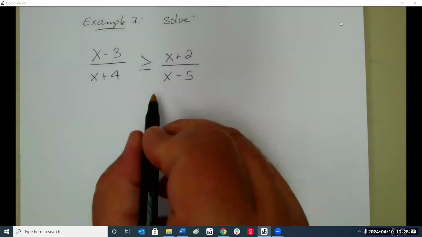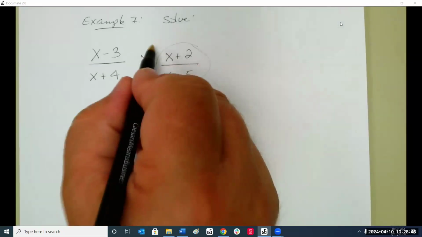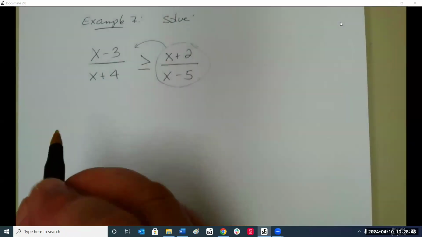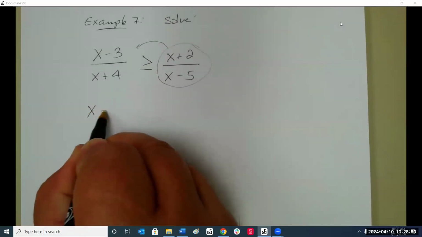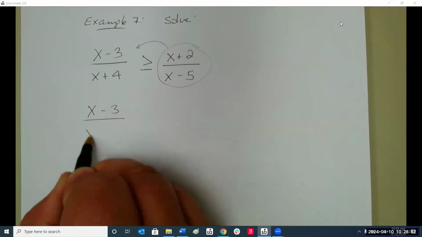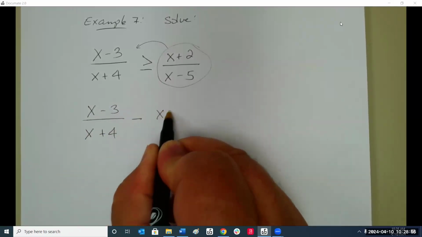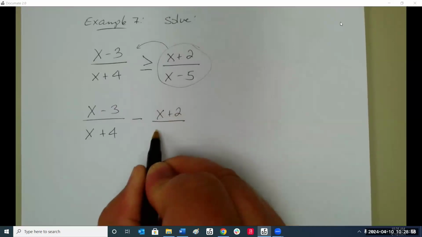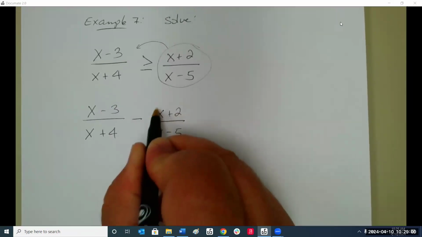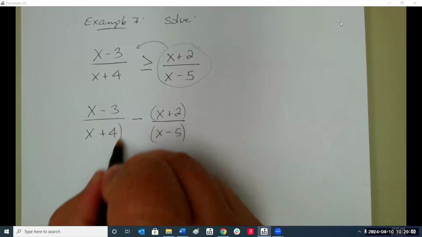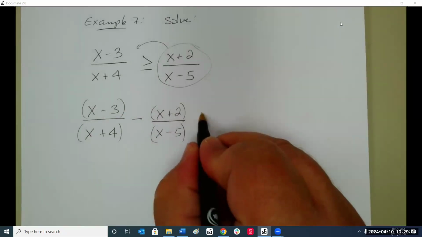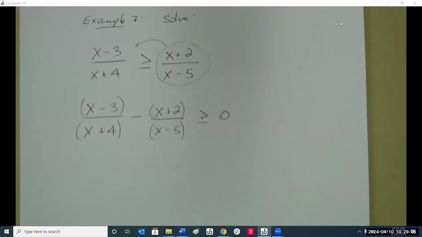No. So let's move this one over there. So we have (x minus 3)/(x plus 4) minus (x plus 2)/(x minus 5) greater than or equal to 0.